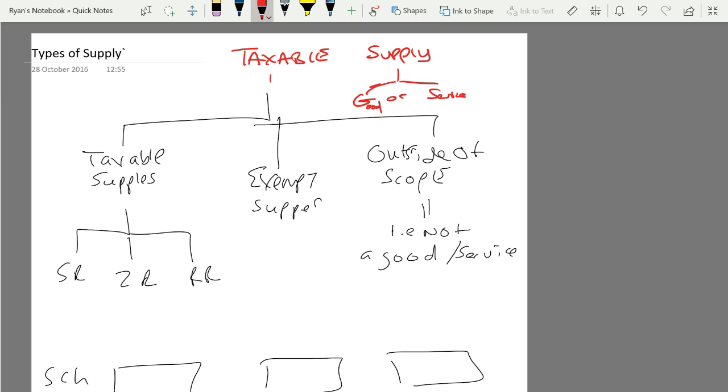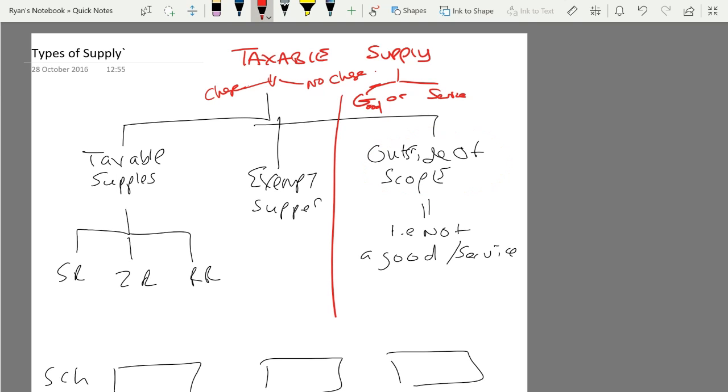We know taxable determines whether there is a charge on that good or service or there's no charge on it. And this is what we're looking at here in terms of the types of supplies. When we look at a supply of a good or service, there are two types of supplies, a taxable supply and an exempt supply. And when we're not supplying a good or service, it's simply outside the scope of VAT. It doesn't come into it because it's not a good or service.